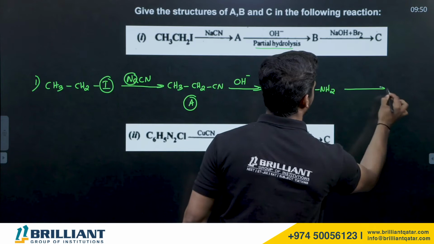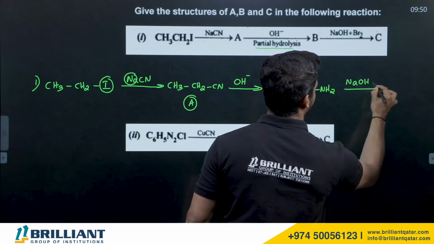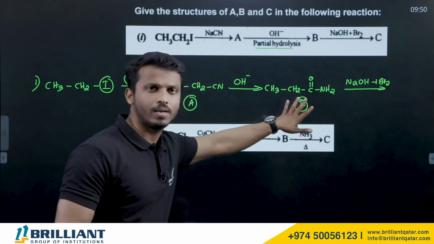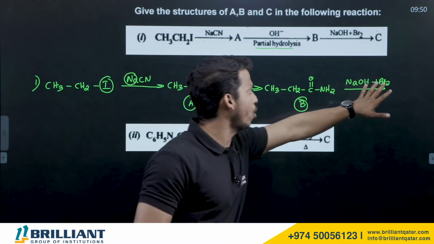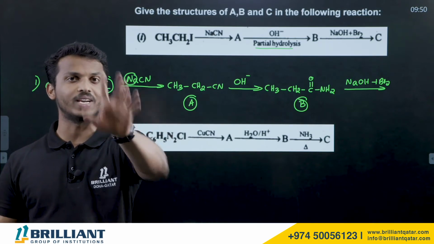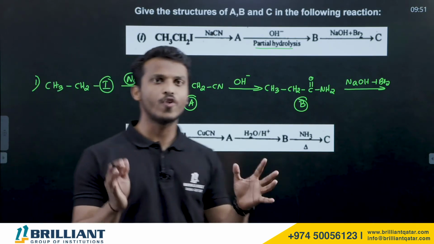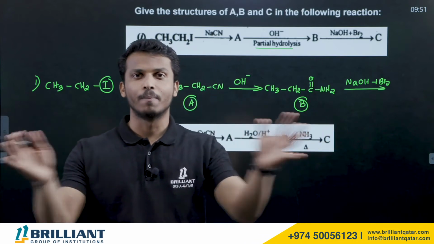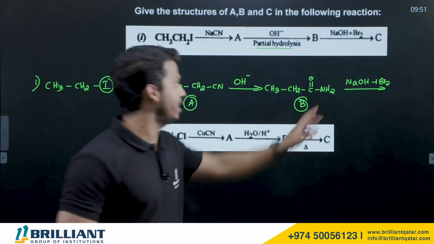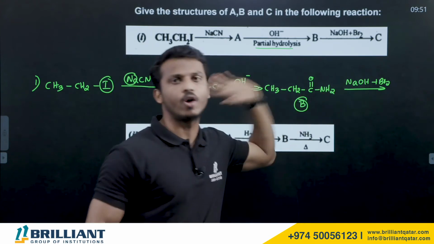Now, when you treat with NaOH and Br2, dear student, what is bromine and alkali? Your starting material is an amide treated with bromine and NaOH. What is the reaction? Hofmann bromamide degradation reaction. See the name, Hofmann bromamide: your starting material, bromine and amide are there along with a base.